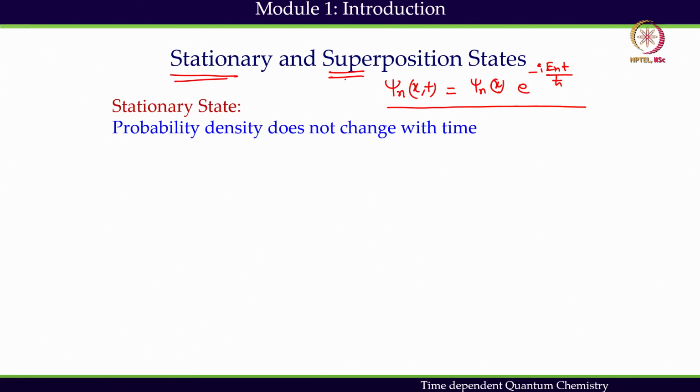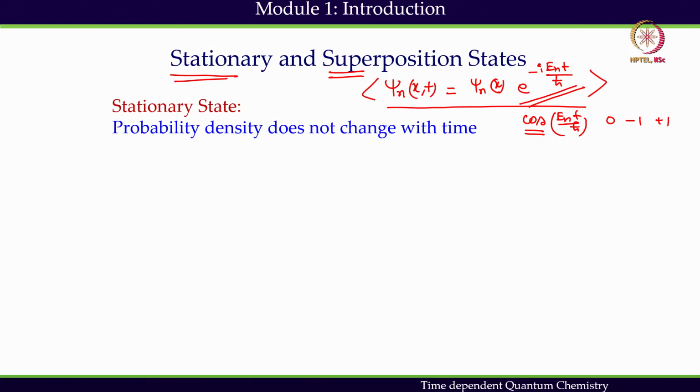What we see is that the wave function is time dependent, and it has a complex phase. If I try to think about the real part, it is going to be cos of Ent by h cut, and the cos function takes values 0, -1, +1, depending on what time it is.